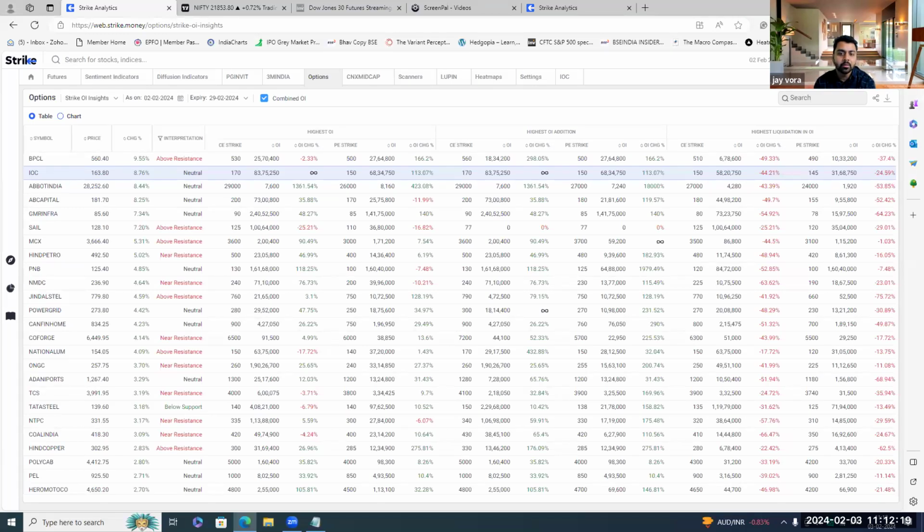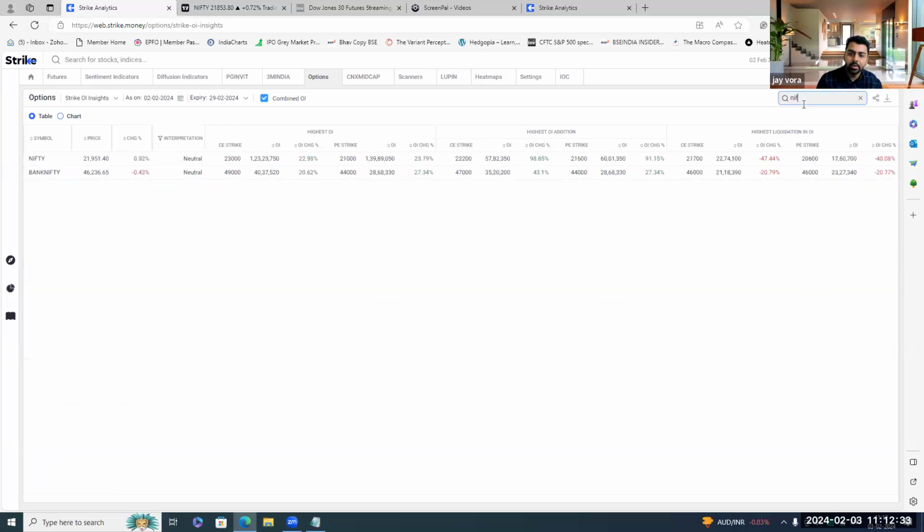Within that, Fin Nifty and Mid Cap Nifty are next to illiquid, and Nifty and Bank Nifty are the more liquid ones. So you can type over here in the search bar, type Nifty, and it will catch Nifty and Bank Nifty.